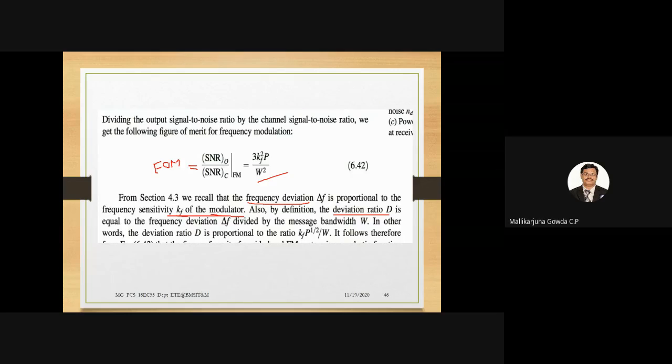The deviation ratio D is equal to the frequency deviation divided by the message bandwidth W. Fine. So what we can say is the deviation ratio D will be proportional to K_f, taking the square root of this, into square root of P, divided by W.